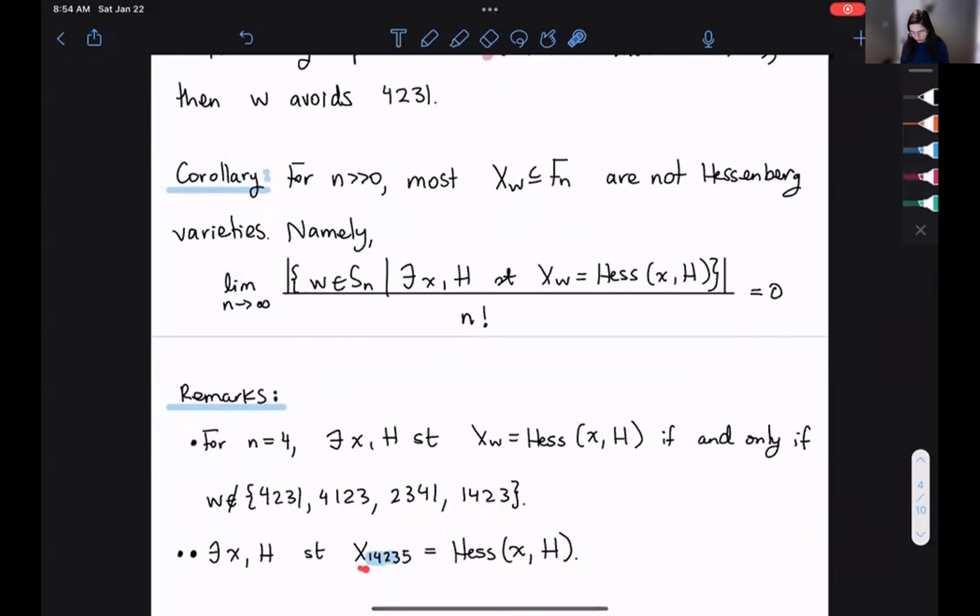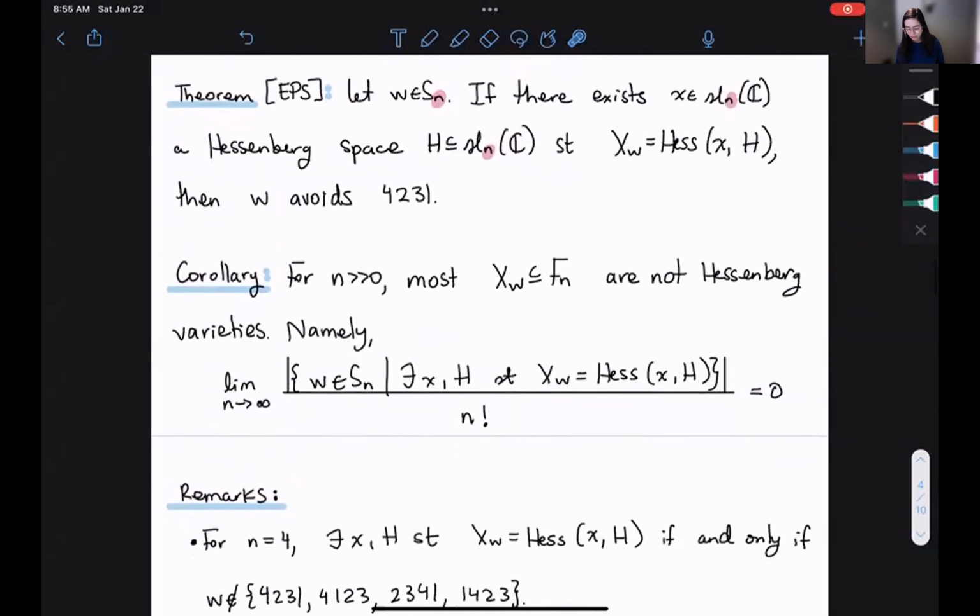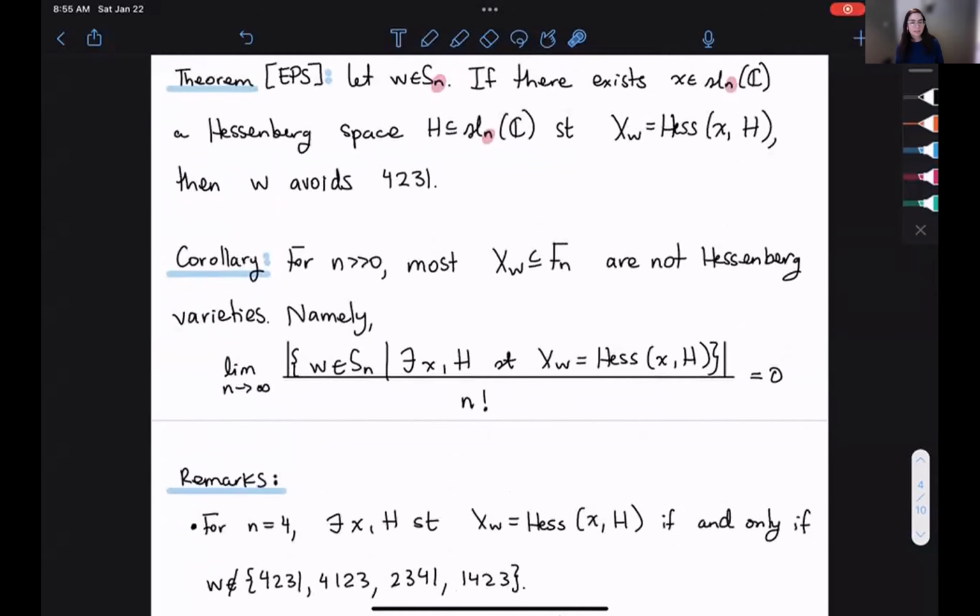And so this permutation contains this pattern, and so pattern avoidance is not going to characterize which Schubert varieties are Hessenberg varieties. Now, I would say that's not too surprising. I find it more surprising the fact that we could use patterns to get rid of some Schubert varieties that are not Hessenberg varieties.